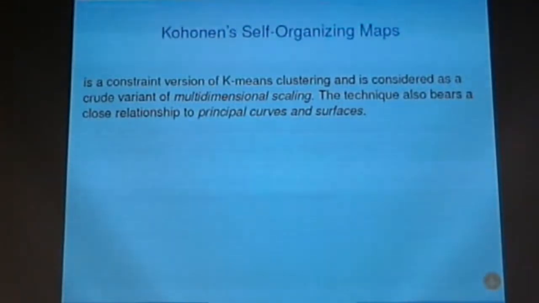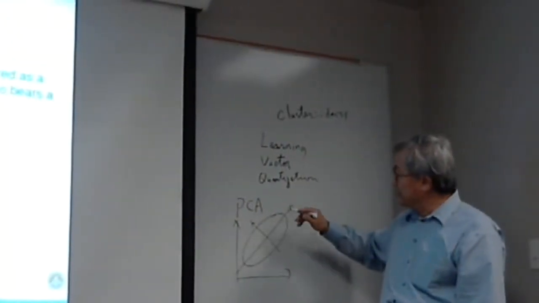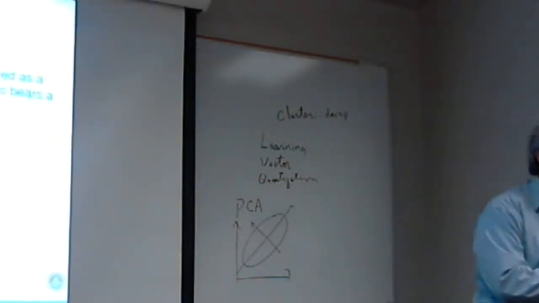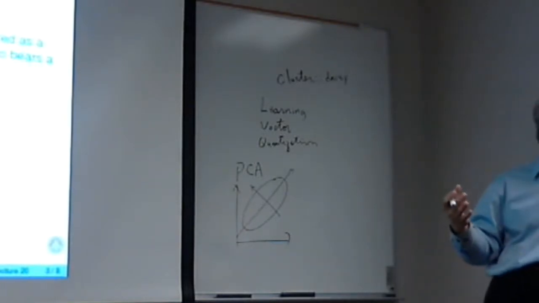The second principal component is a direction that is perpendicular to this direction. Learning vector quantization is sort of similar to that, except it's in a nonlinear context.